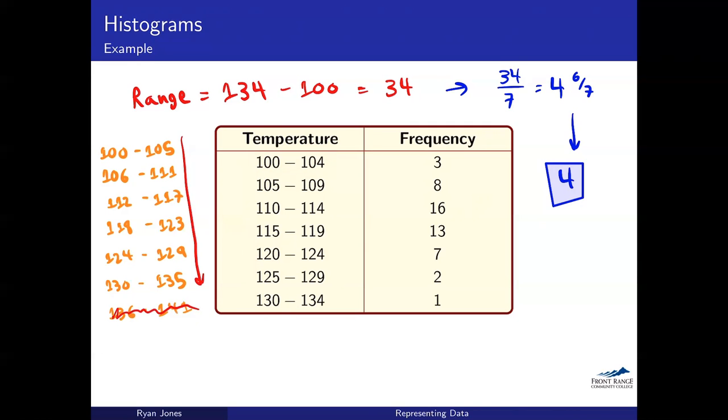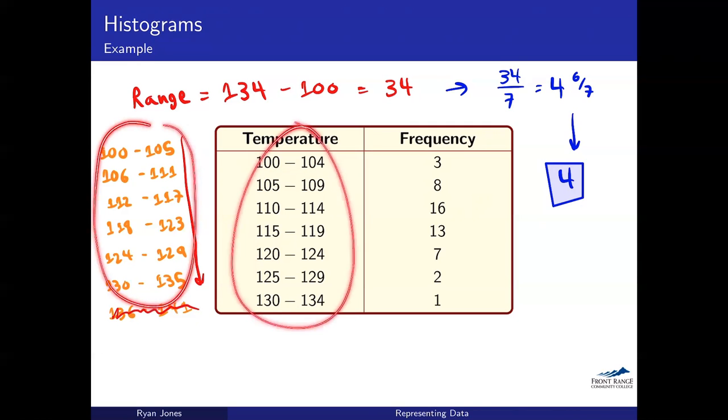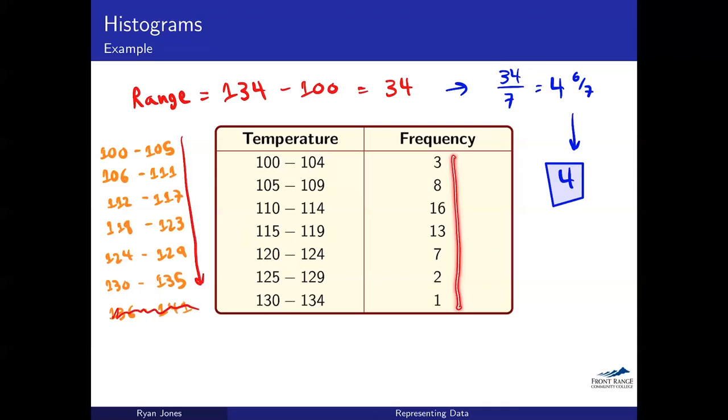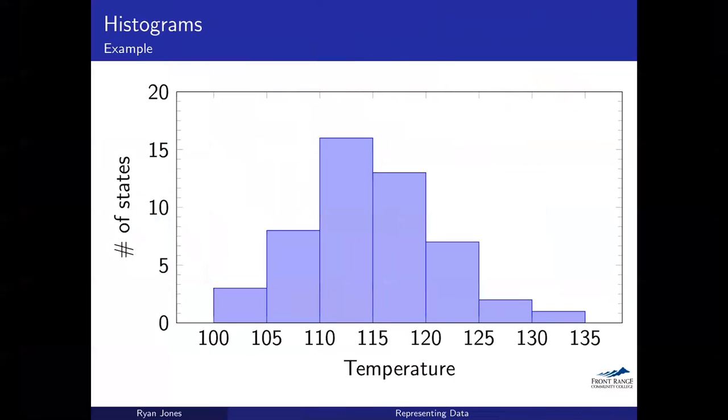And obviously, different interval widths and different numbers of intervals will change the numbers that go in this frequency column. Because if your intervals are different widths, then you're going to be encapsulating different data, and so your frequencies will change. So there's that on histograms. We'll get some practice with that.